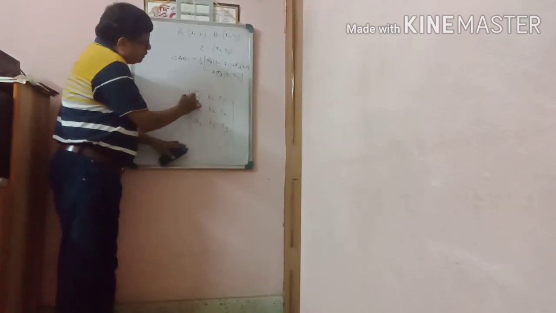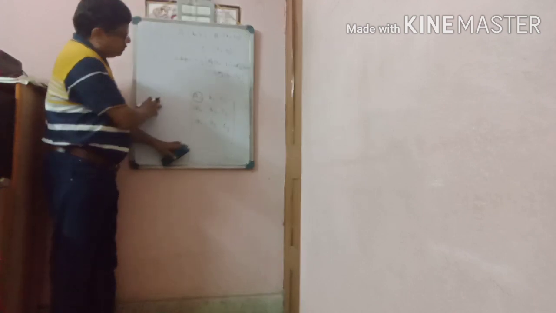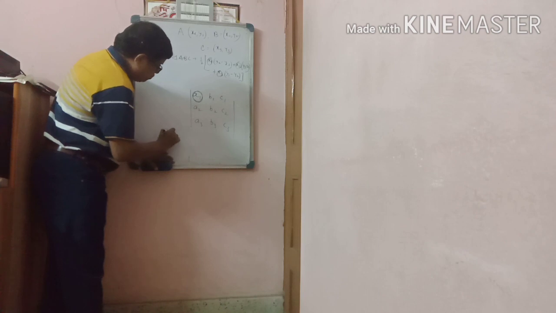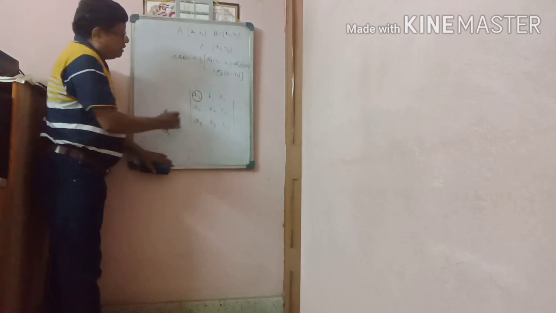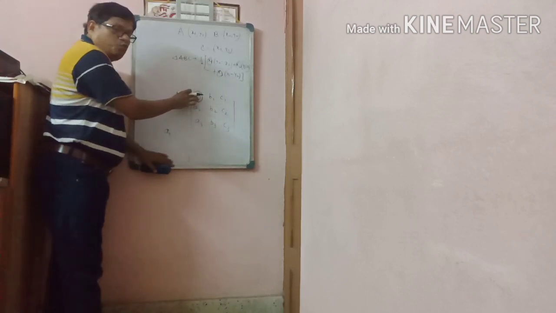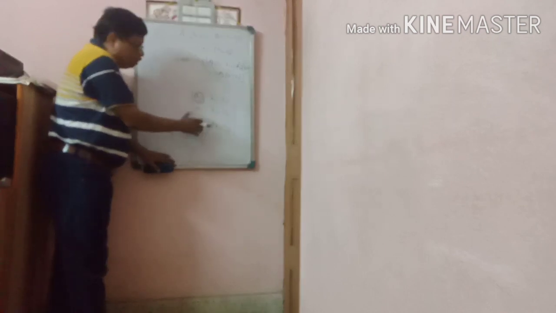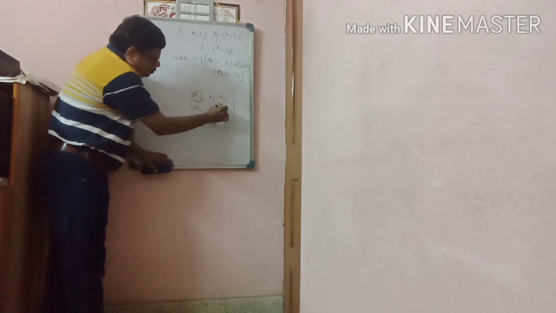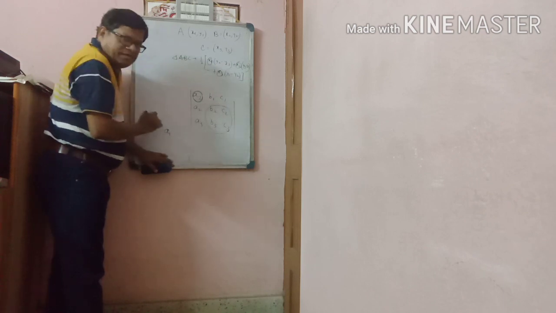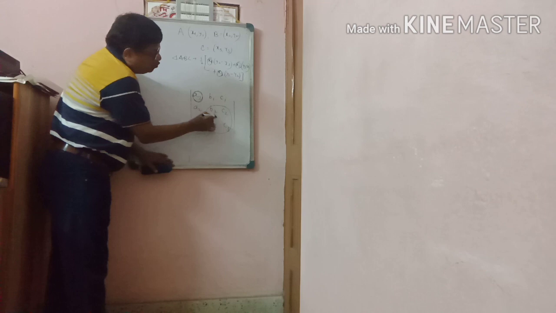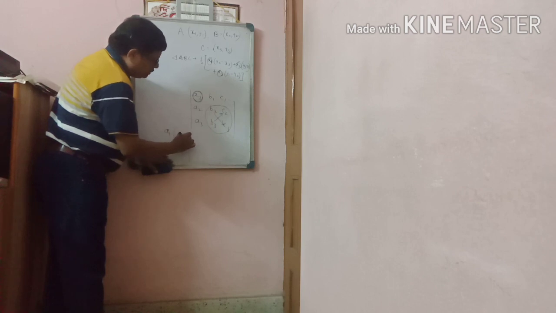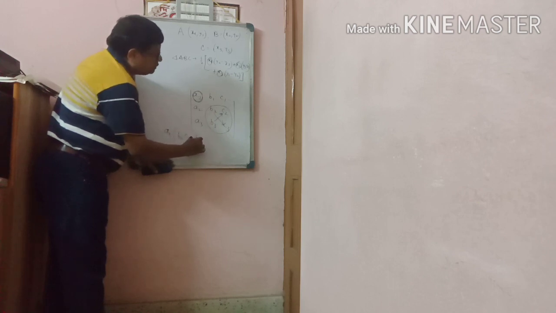If you take a1, this is first row, first column. We remove this part and this part, and the remaining part is here. So multiply b2 c3 minus b3 c2. Give bracket b2 c3 minus b3 c2.